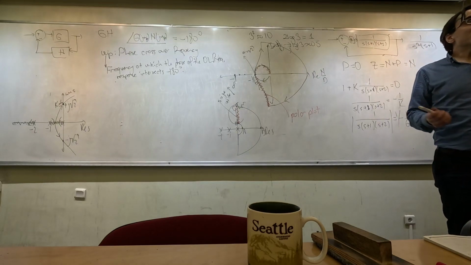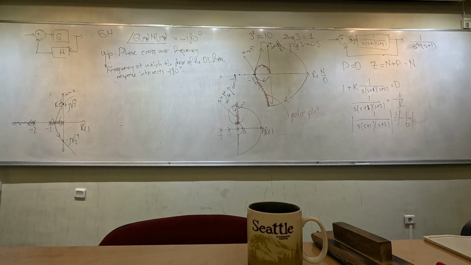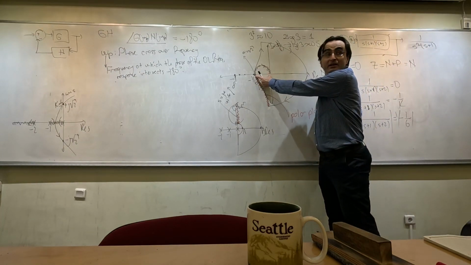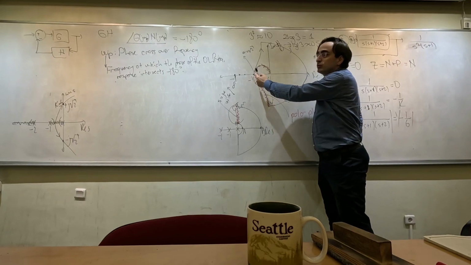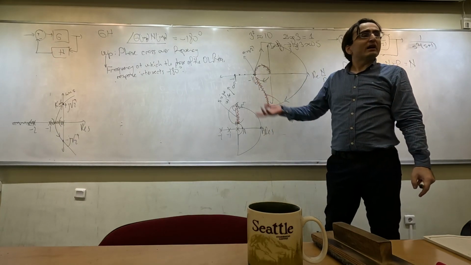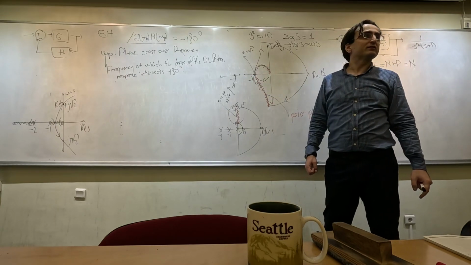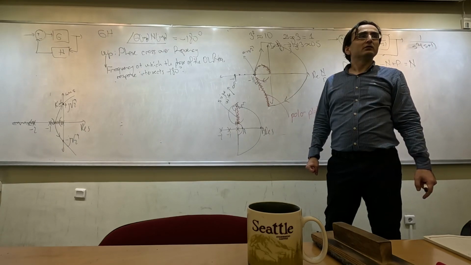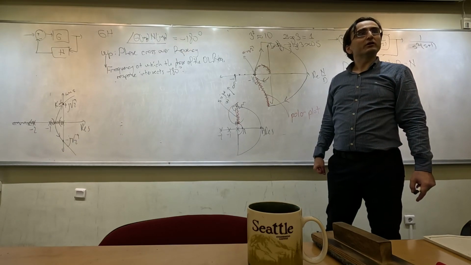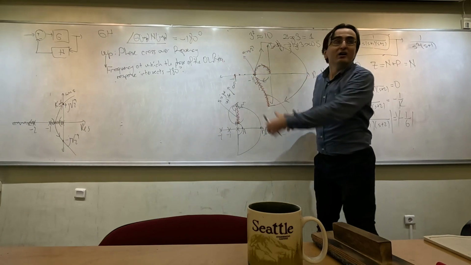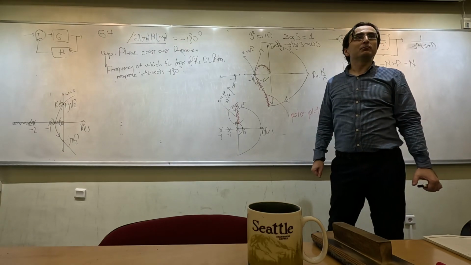And then by knowing this frequency, how can I determine the gain margin of the system? I need to look at the magnitude of the frequency response at that point. I will obtain the magnitude 1 over 6 at that point. And from that, how can I go to the gain margin? If I have the magnitude 1 over 6, the reciprocal of that number is going to be my gain margin. It is the magnification constant that I have to use to make the Nyquist plot encircle the point minus 1.